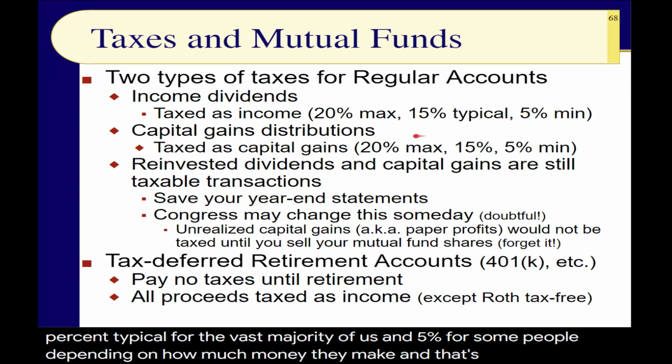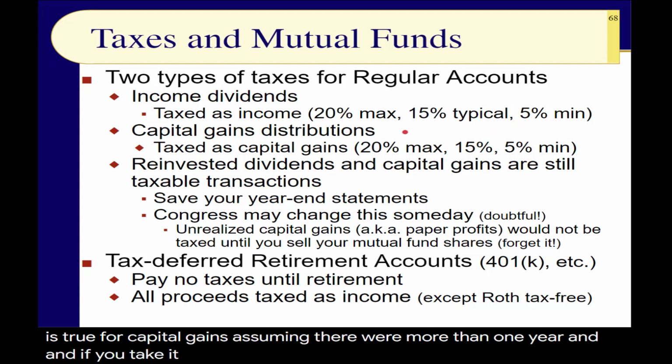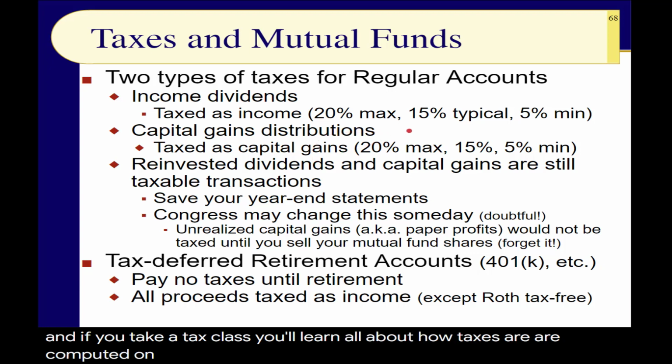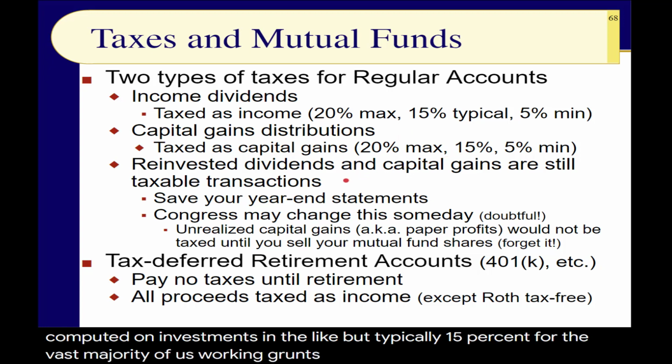And that's the same is true for capital gains, assuming they're more than 1 year. And if you take a tax class, you'll learn all about how taxes are computed on investments and the like. But typically 15% for the vast majority of us working grunts.